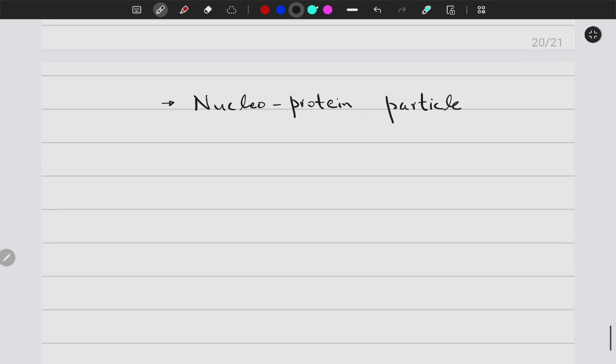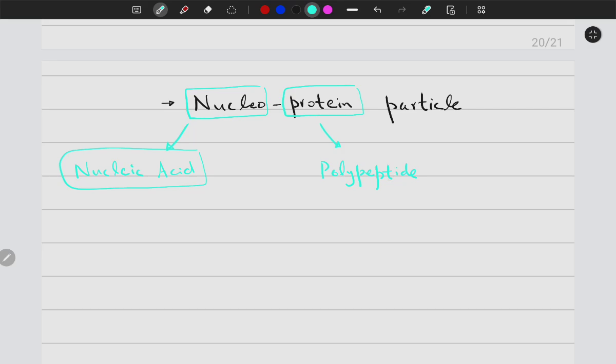What does that mean? The word nucleo means nucleic acid. Nucleic acid. Right? Proteins, you already know what proteins are, right? Which are basically polypeptide chains made up of amino acids.